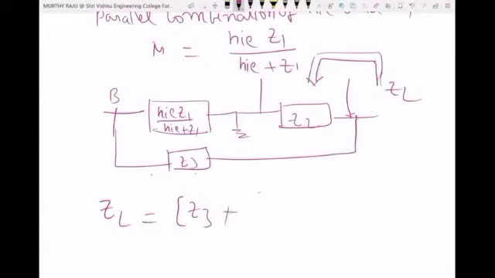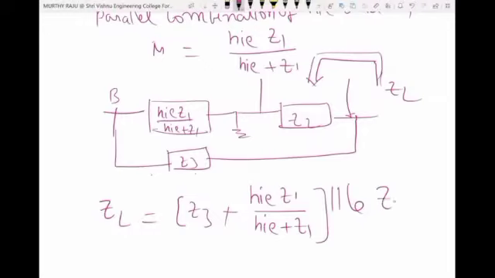Therefore, the series combination is Z3 plus HIE Z1 by HIE plus Z1. This series combination is connected in parallel to Z2.